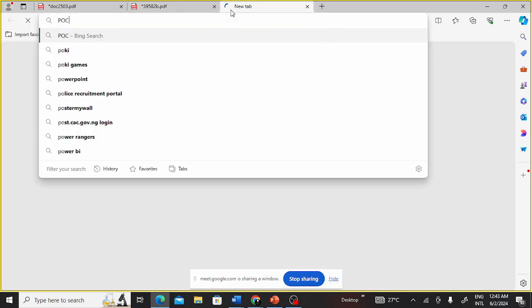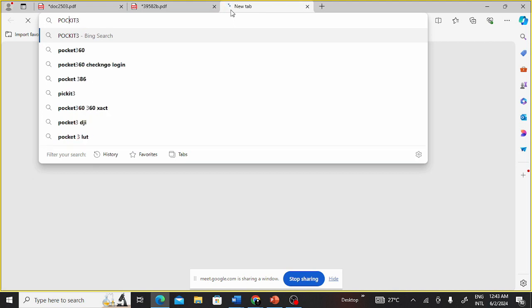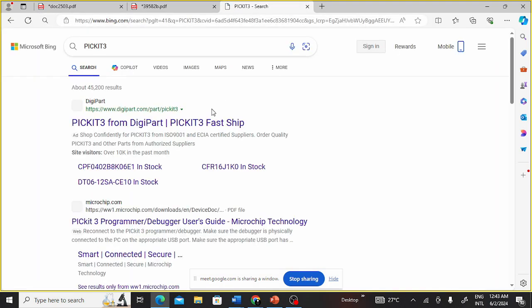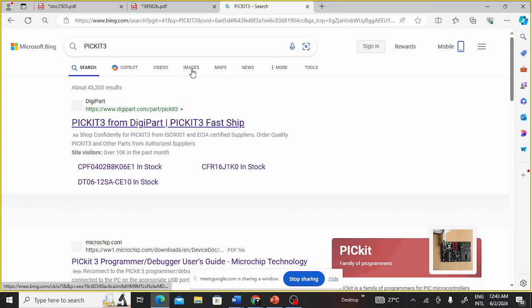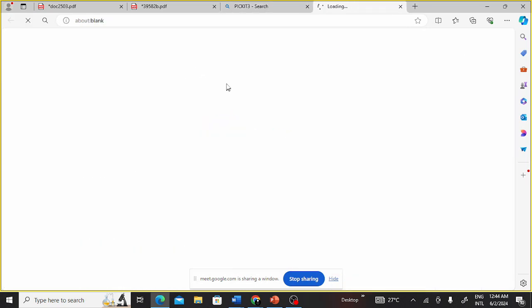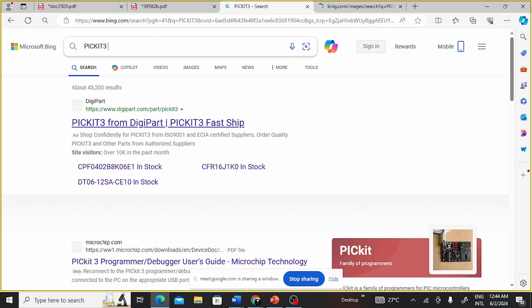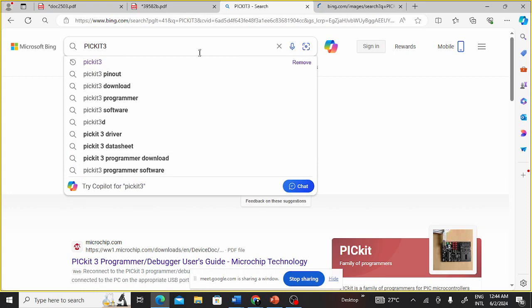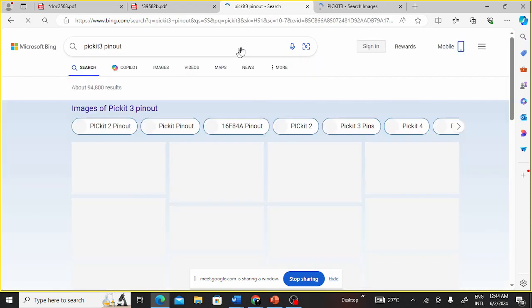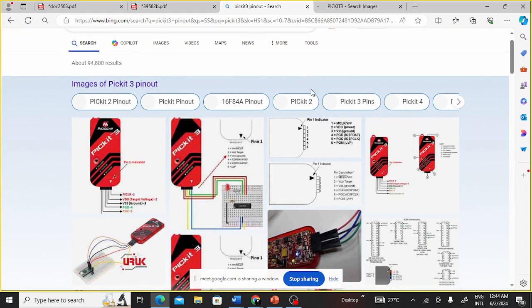PICkit 3 image. So this is how it looks like.